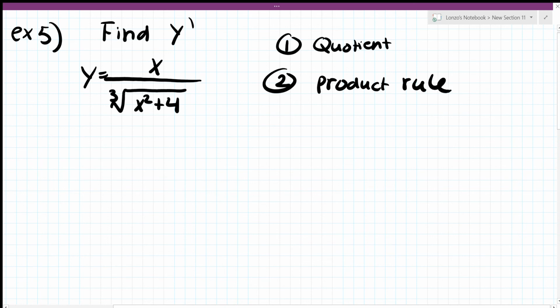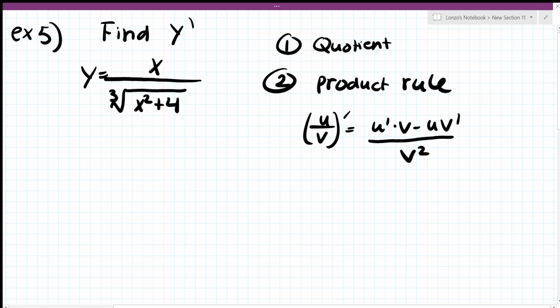So let's see, what am I going to do here? The quotient rule, remember, is u over v prime, or f over g, is the same thing: u prime v minus u v prime, all over v squared.